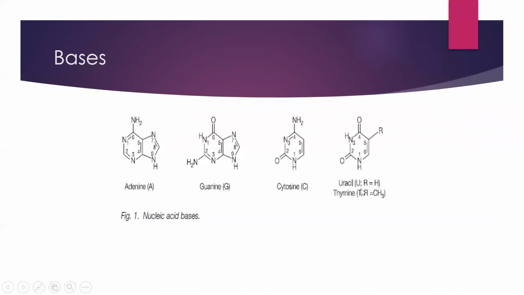You can see the structural difference between uracil and thymine. Thymine has the methyl group at the 5th position: 1, 2, 3, 4, 5th position. Here there will be the methyl group in case of thymine. So these are the 4 nitrogenous bases which are present in nucleic acid structure, whether it is DNA or RNA.